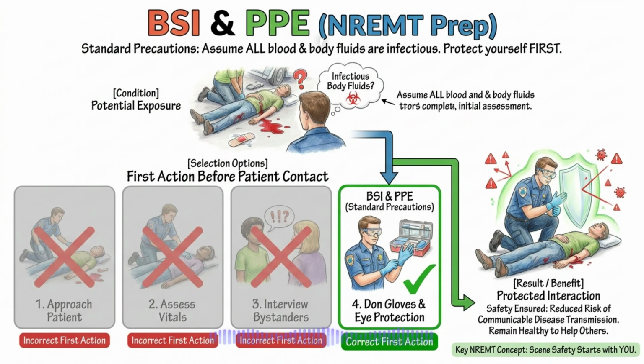On the exam, you will frequently see questions where donning gloves and eye protection is the first correct action before patient contact. Wearing the correct PPE protects you from communicable diseases and ensures you remain healthy enough to help others throughout your career.